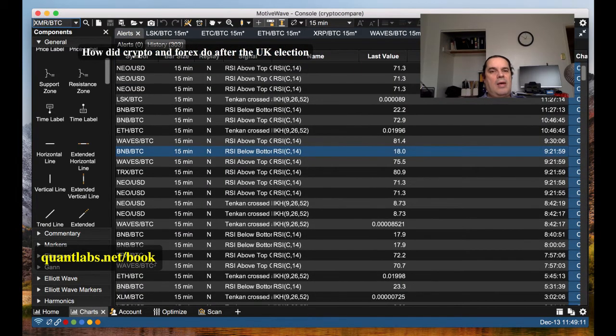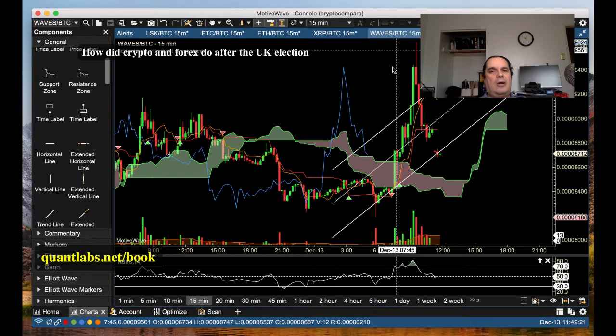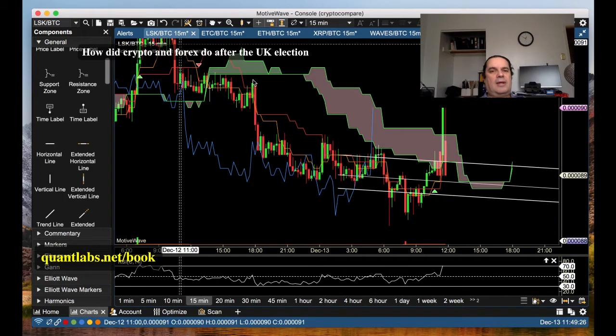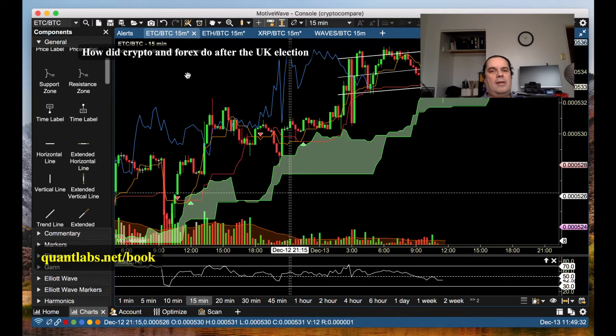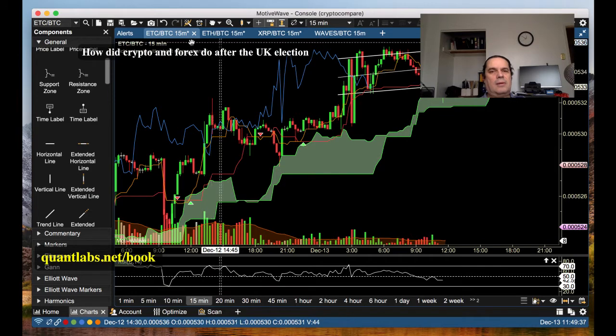Here we go. Okay, so currently we have open LSK BTC, ETC BTC, Ethereum BTC, XRP BTC, and Waves BTC. So we missed out on quite a few. So LSK is down, get rid of that. But we definitely caught a little bit of up move on the Ethereum Classic BTC.